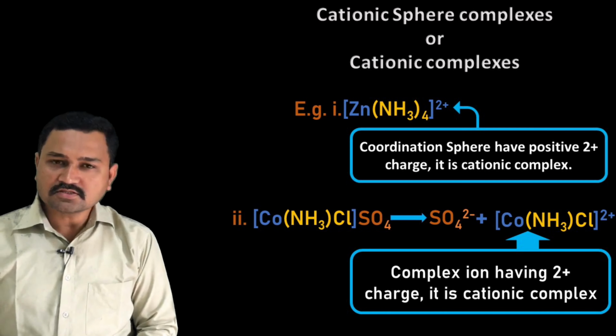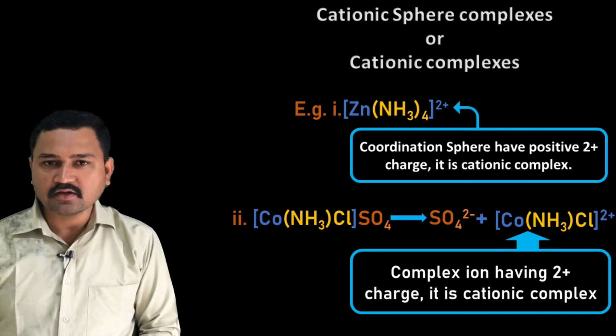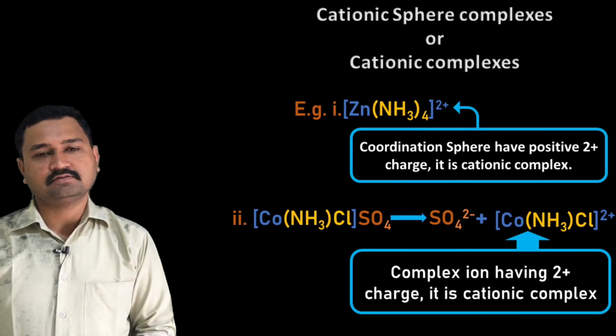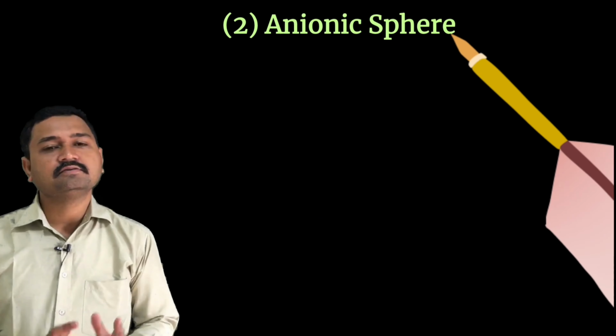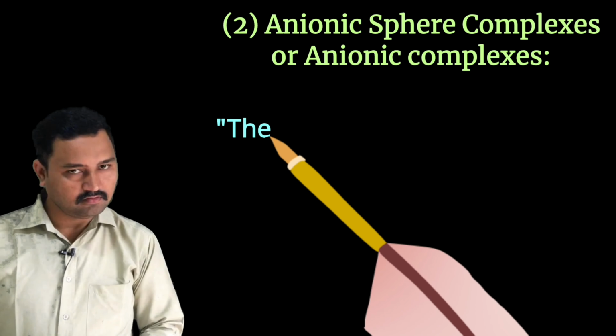As this complex ion has a positively charged coordination sphere, it is also an example of cationic complexes. The second type is the anionic sphere complexes, or simply the anionic complexes.